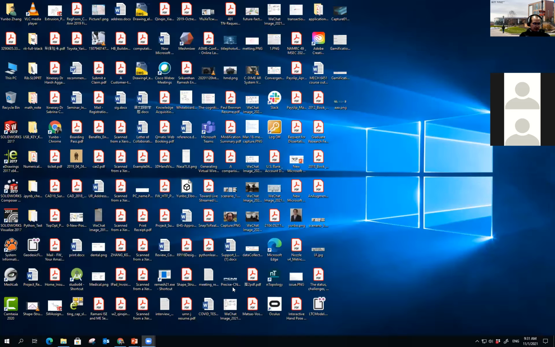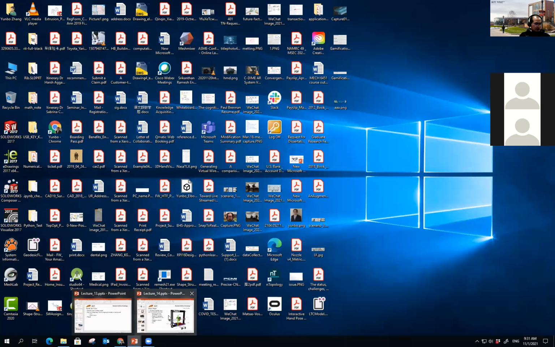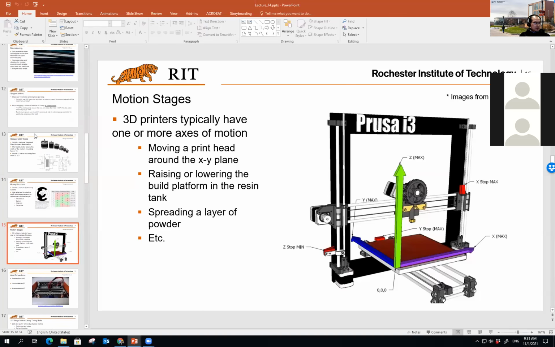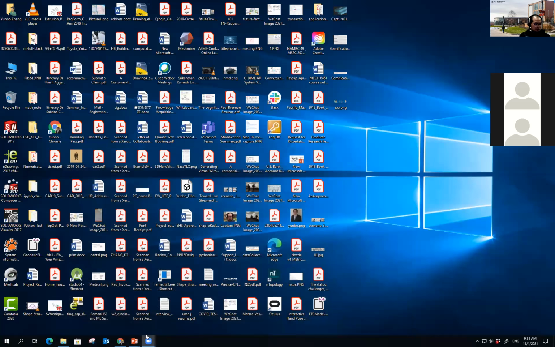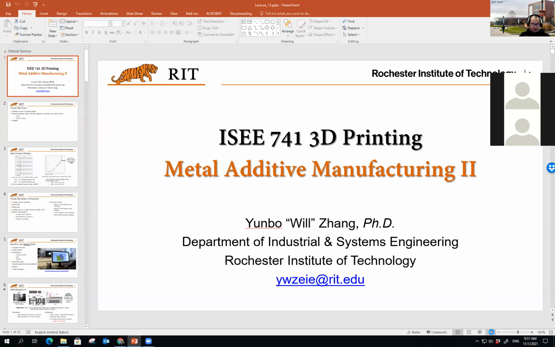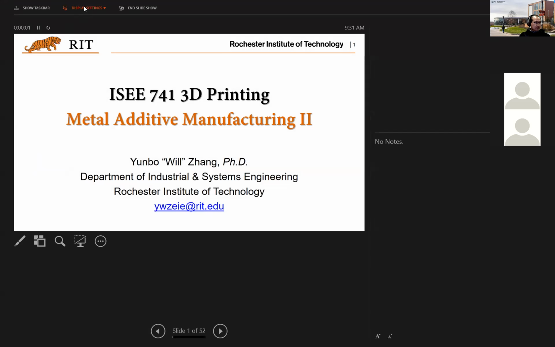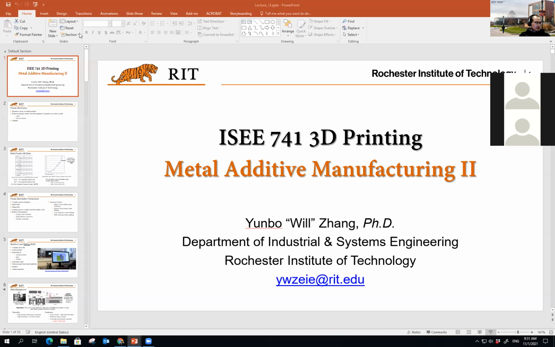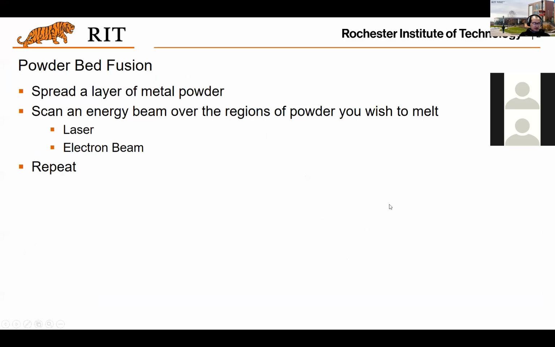look at another one as well, which is this one, the powder-based, which is the mainstream metal printing process.